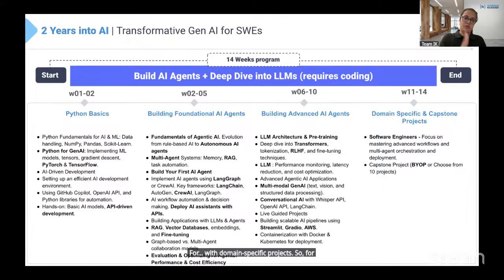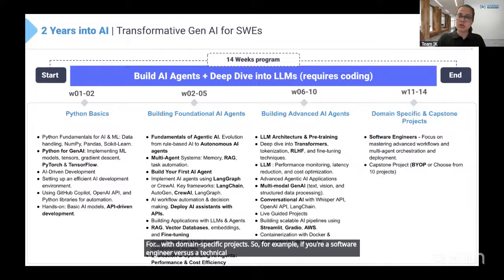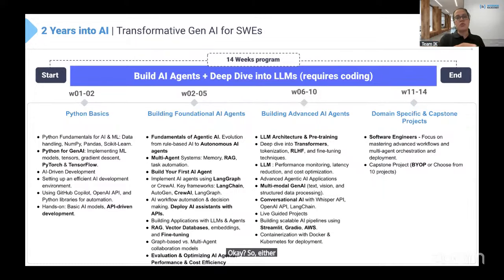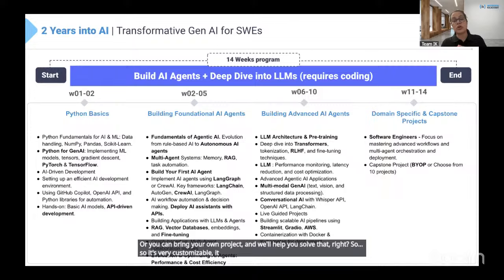For example, if you're a software engineer versus a technical program manager, you have different projects to go through. Either you choose from a list of 10 projects that we have, or you can bring your own project and we'll help you solve that. So it's very customizable and learner centric in that way.